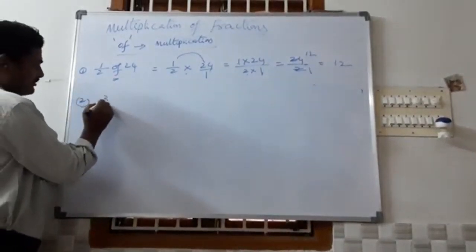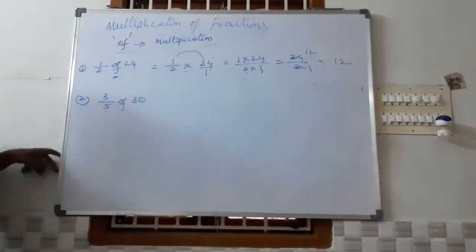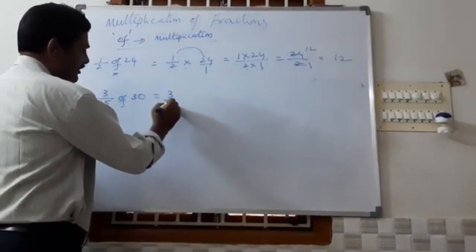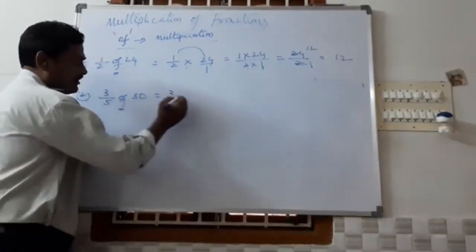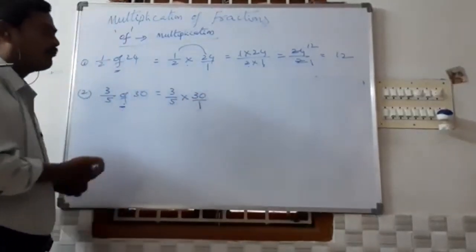Now the second question: 3 by 5 of 30. That means 3 by 5 into 30, where 'of' stands for multiplication. 30 means 30 by 1.